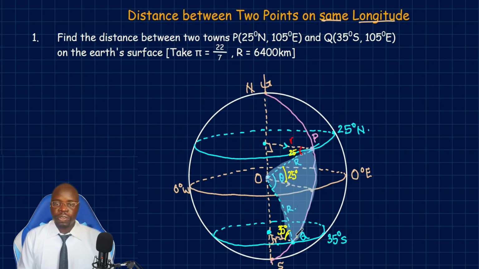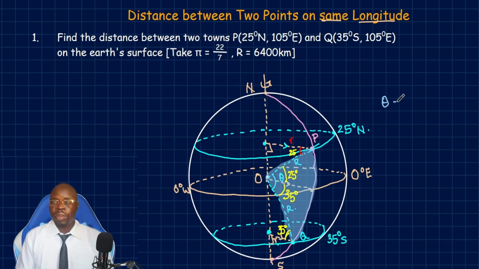And because it's also a Z angle, this horizontal line is parallel to the horizontal line here, then we'll have this 35 also subtended to the center here. And for that case, if the two towns are situated in different hemispheres, we add, that is where the origin comes from. So the angle difference for now is theta, as we have indicated it here.